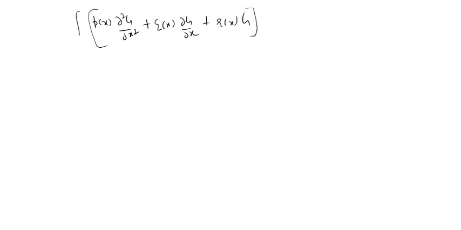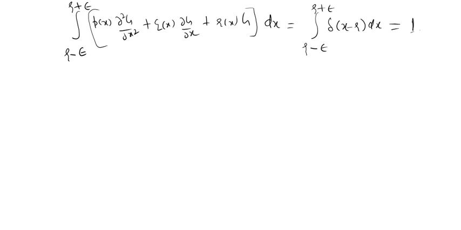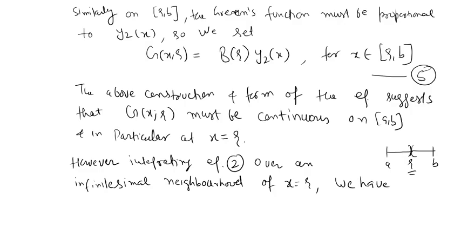Just integrate over the small neighborhood, xi minus epsilon to xi plus epsilon, with dx, and the right hand side is the Dirac delta, the integral of which is 1. Say this is equation number 6.